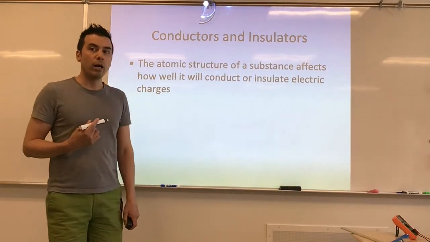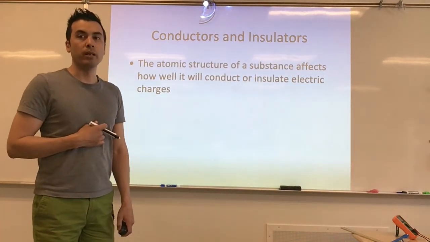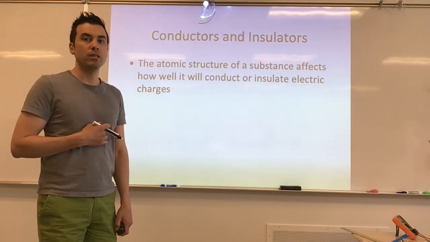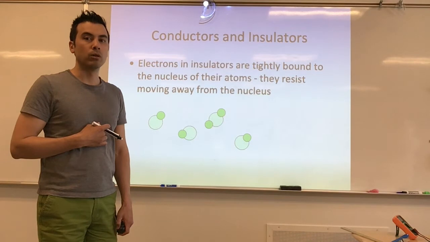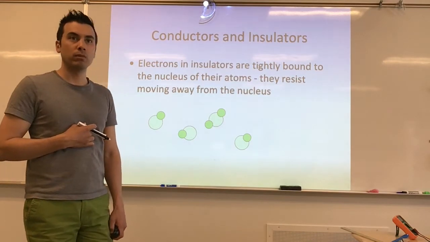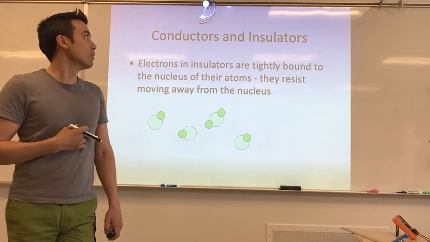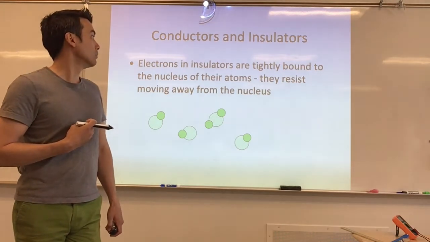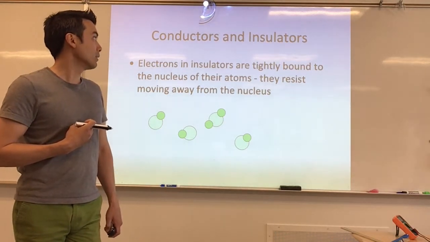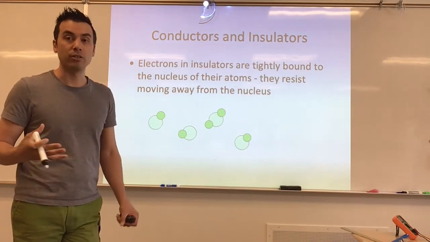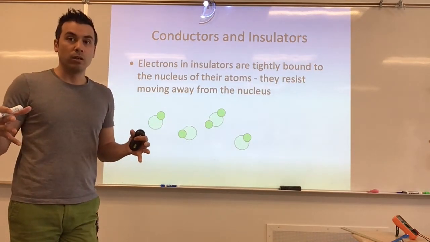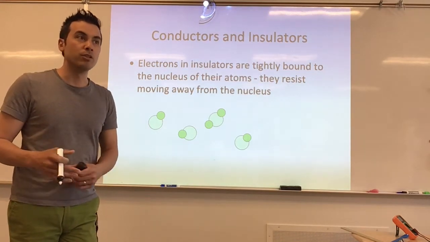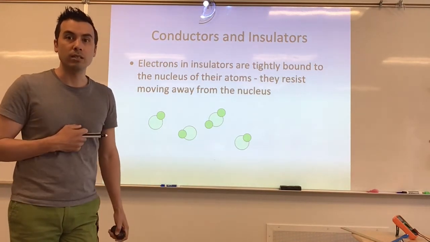Okay, so we've already looked at this idea before, but it's really the atomic structure that determines whether something is a good conductor or an insulator. If we're talking about insulators, those electrons are held tightly by the nucleus of those atoms, and so they're not able to move as easily.